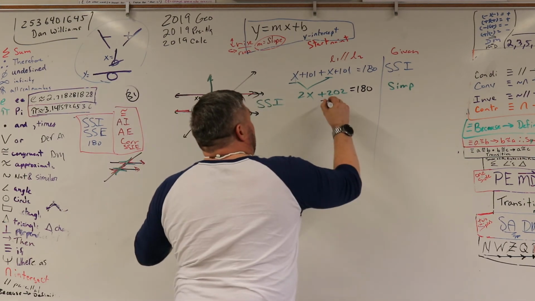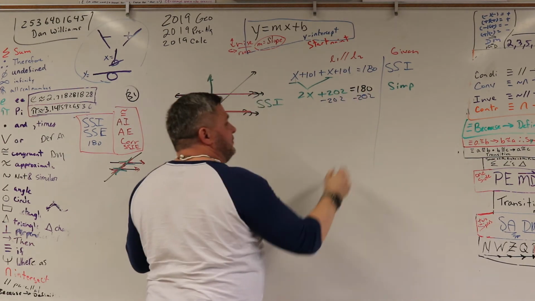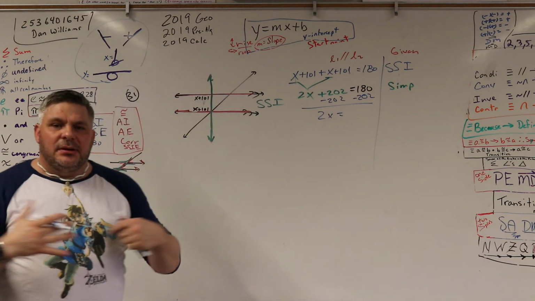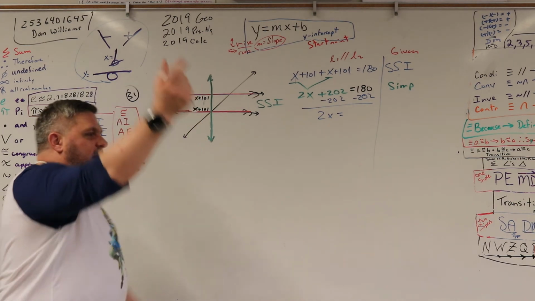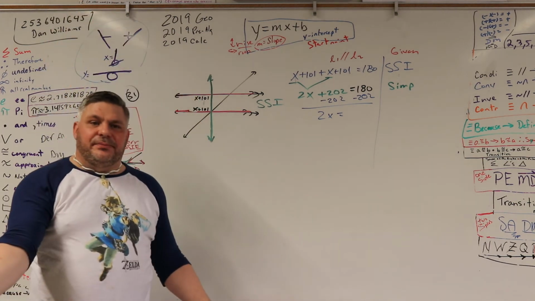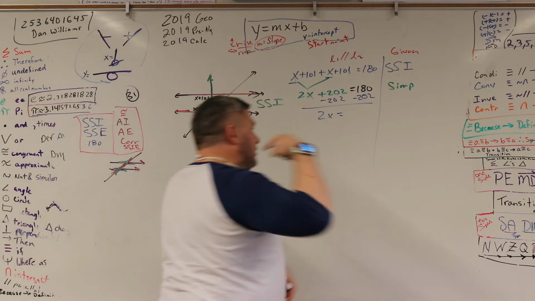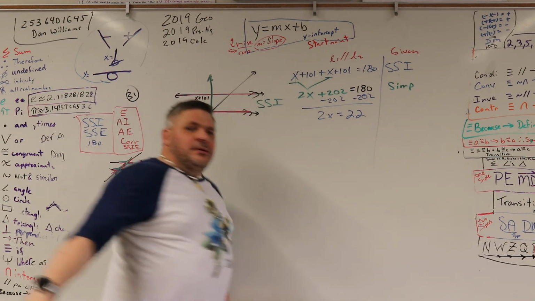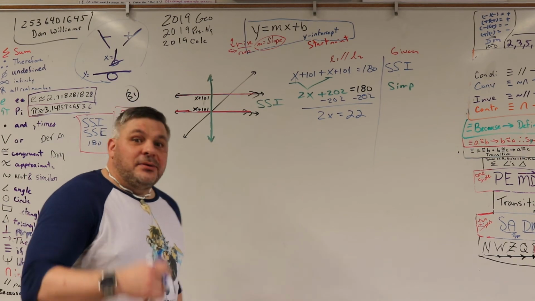Okay, so subtract 202, subtract 202. So I get 2x is equal to what? So if we think 180 to 200 would be 20, and then 2 more after that, so 22, right? And what's that called?